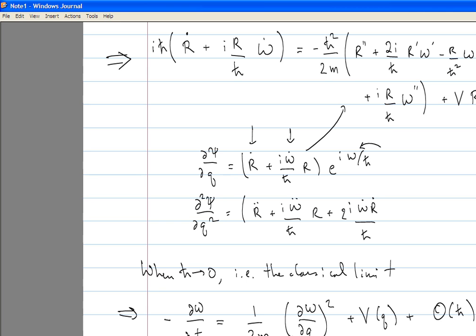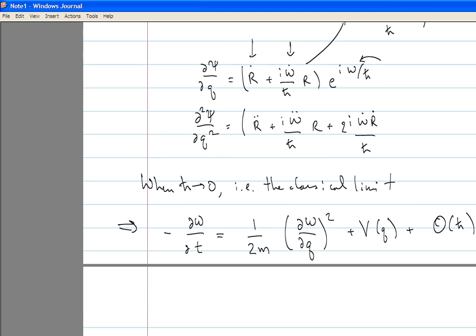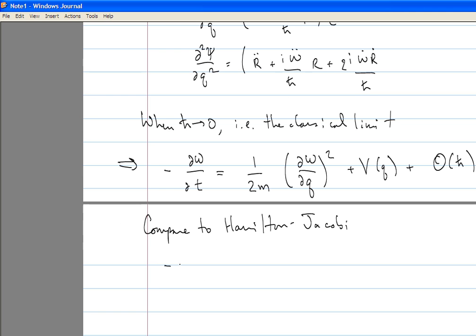So let's take that equation and compare it to the Hamilton-Jacobi equation. The Hamilton-Jacobi equation says that the action of a system, regarded as a function of the final position of the system and time, evaluated on a classical path, obeys minus dw by dt is equal to the Hamiltonian evaluated on w with the momentum set equal to dw by dq.